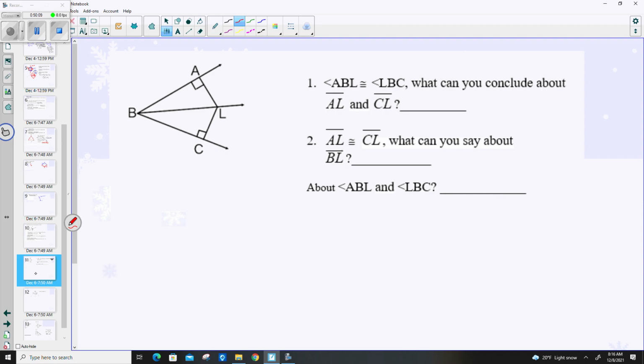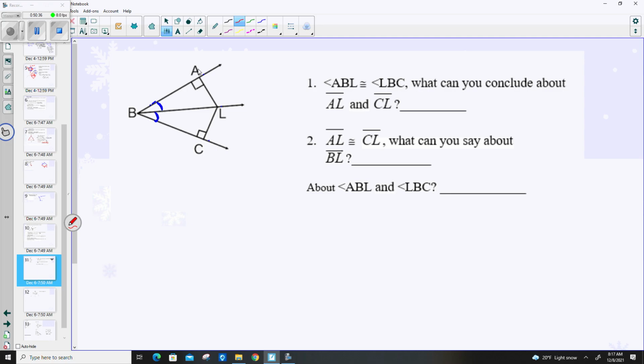If I'm given that angle ABL is congruent to LBC, what are the vertex of those two angles? B. So AL, when I trace that, I put the arc at the vertex. Angle ABL is congruent to LBC. Again, B is the vertex. If those two angles are congruent, what can you tell me about AL and CL?